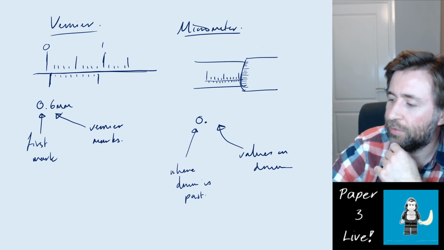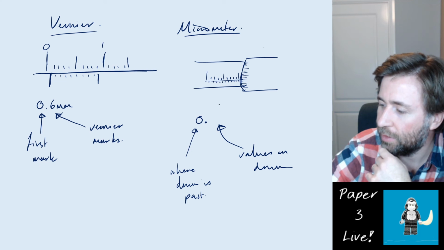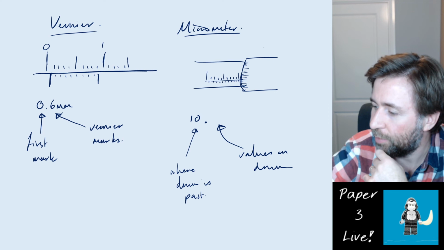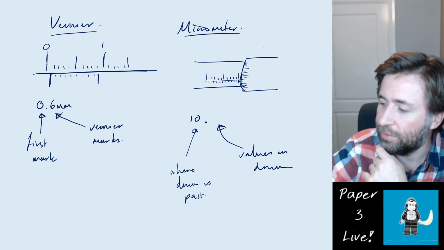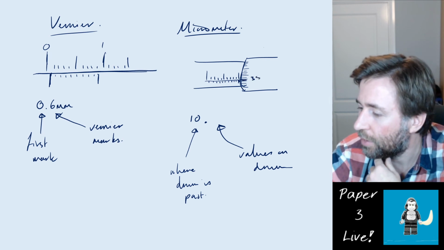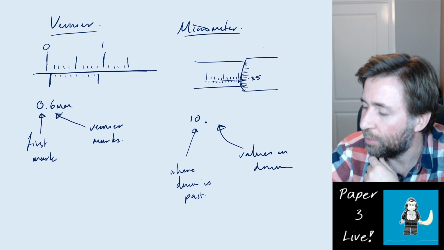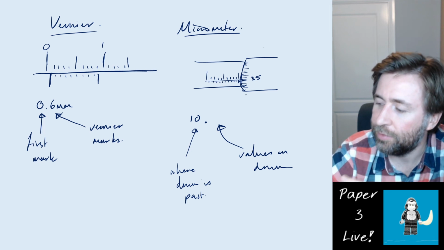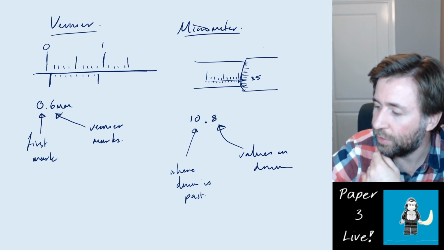So if it's past the half millimeter marking, and this looks like it's going to become 10, probably past the next half millimeter marking, you're going to have to add 50 to whatever this is. So let's say this had lined up at 35 and it was past the half millimeter marking, then it would become 50 plus 35, so it'd be 0.85 millimeters.